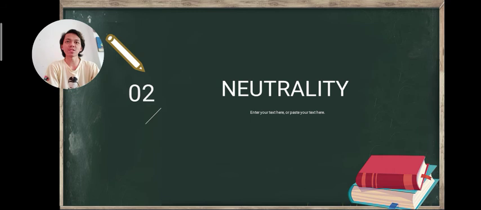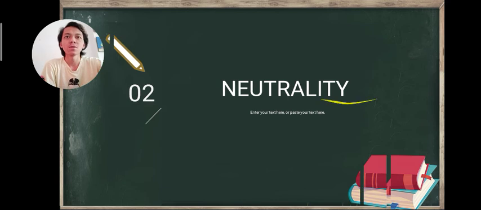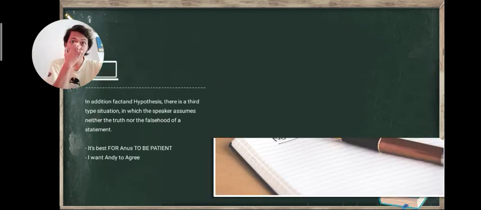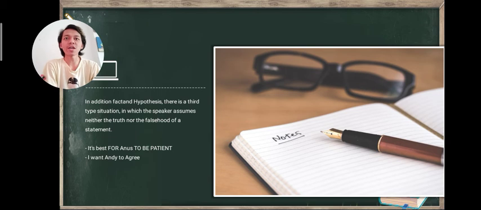Okay, this explanation is the last one, so be prepared, because I will explain neutrality. In addition to fact and hypothesis, there is a third type of situation in which the speaker assumes neither the truth nor the falsehood of a statement.